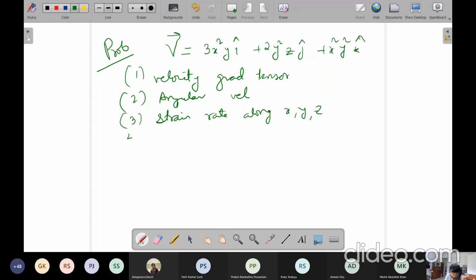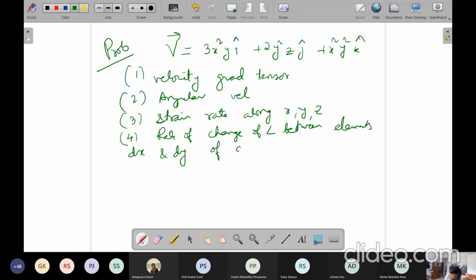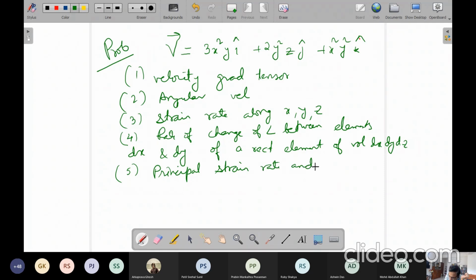Also the rate of change of angle between elements dx and dy of a rectangular element of volume dx dy dz, and the principal strain rates and their directions.